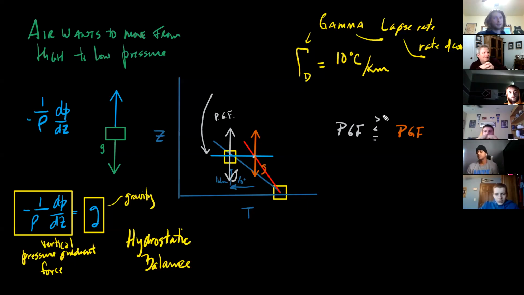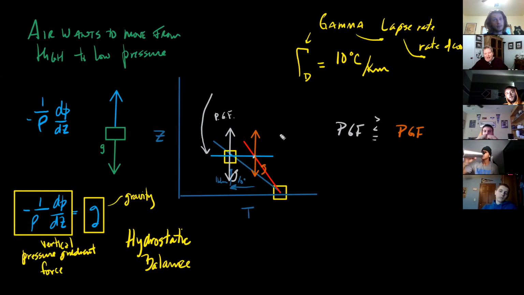Somebody else? What do you think, Tim? Well, I know that if your temperature is higher, that means the density is less, right? At the same pressure. Oh, did you hear what he said?